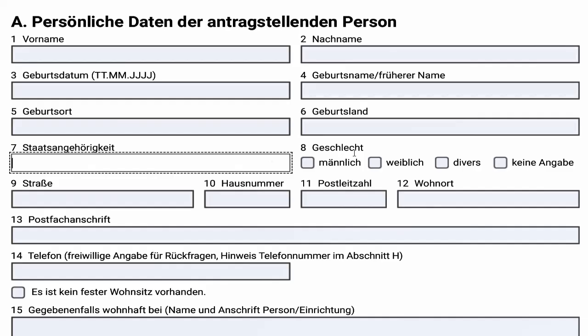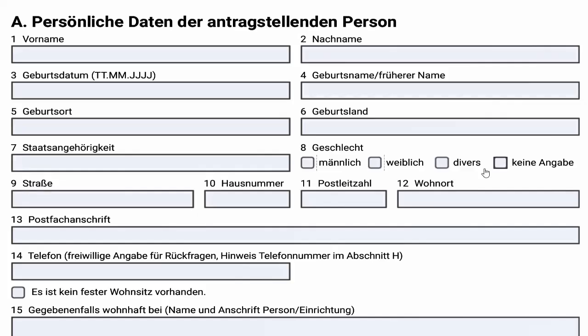Here you specify for them your gender or your sex, whether you're a male, a female, or it's diverse, or you don't want to give them any information about it.